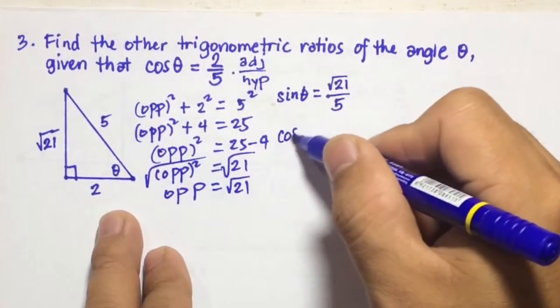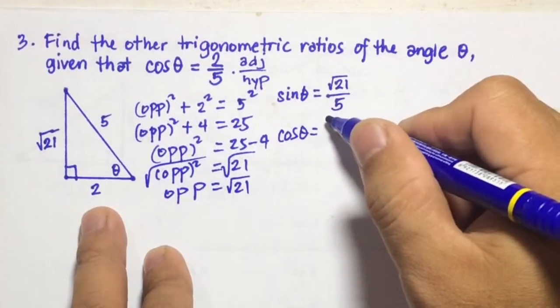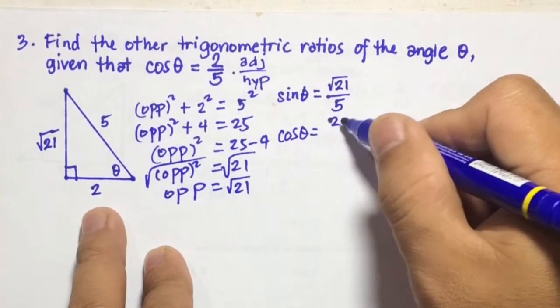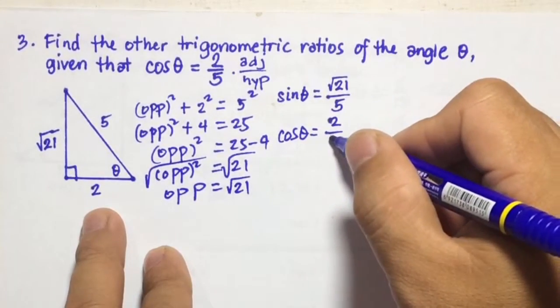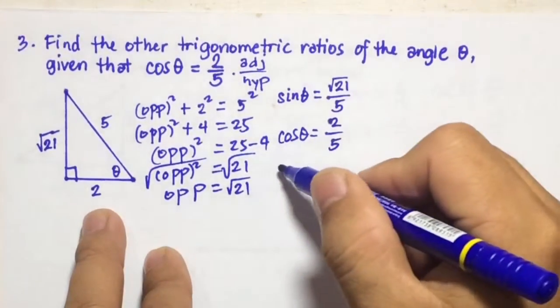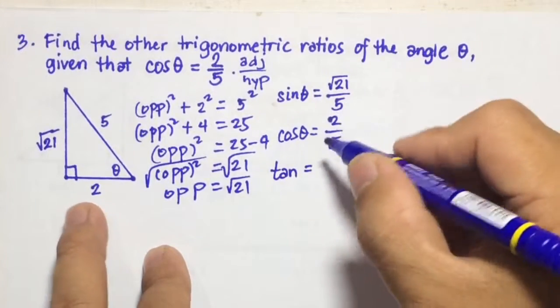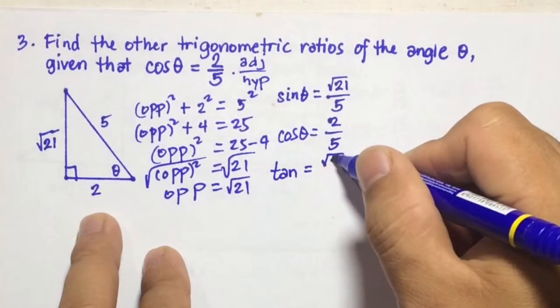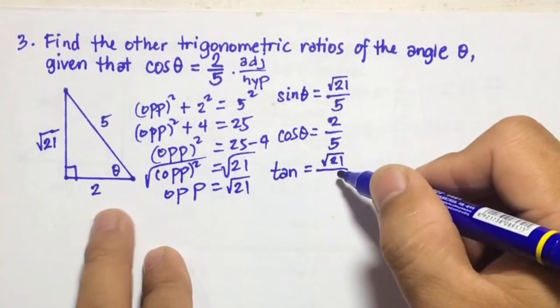Then cosine of theta is adjacent side, so 2 over hypotenuse, which is 5. Then tangent will be equal to opposite, square root of 21, over adjacent side, which is 2.